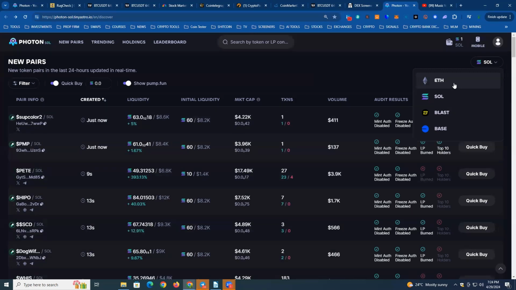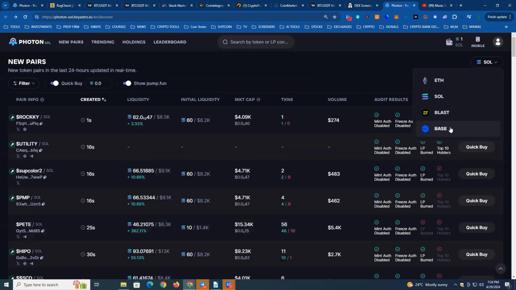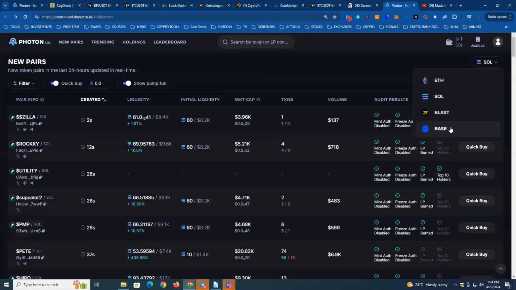platform that allows you to trade meme coins that are on the Ethereum blockchain, the Solana blockchain, the Blast blockchain, and the Base blockchain. And why is that important? It is important because, for one, this particular year in crypto, Solana has been taking up a lot of market cap, and the coins that have been launching on the Solana blockchain, a lot of them have been doing quite well.